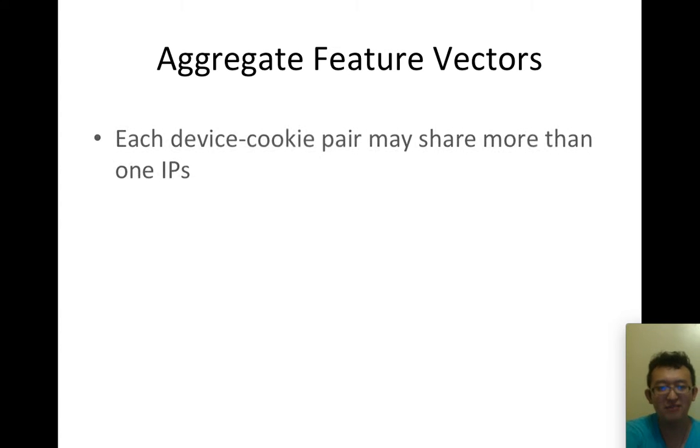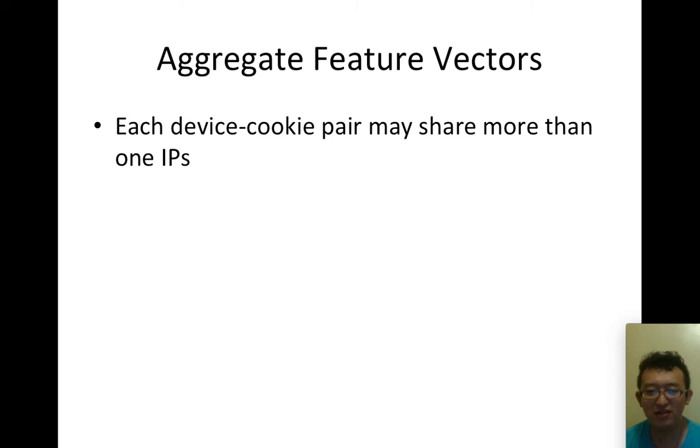Okay, so after we have these feature vectors, we need to aggregate them. The reason is that for each device and cookie pair, they may share more than one IP address. For example, my laptop and my smartphone access the internet at my apartment, so that's one IP address. But I also bring them to my office, so they share another IP address.